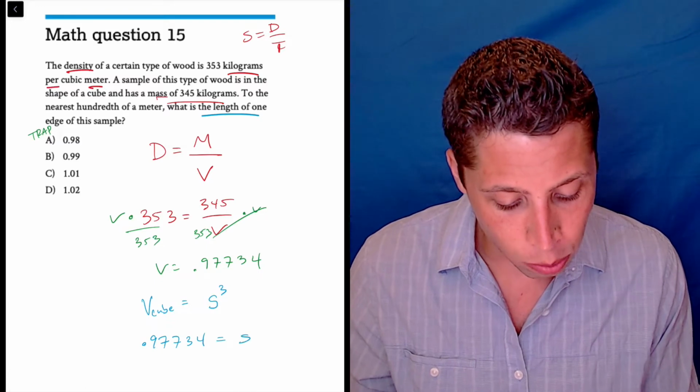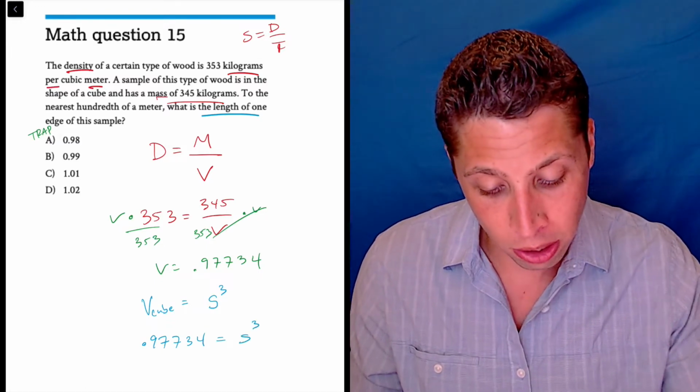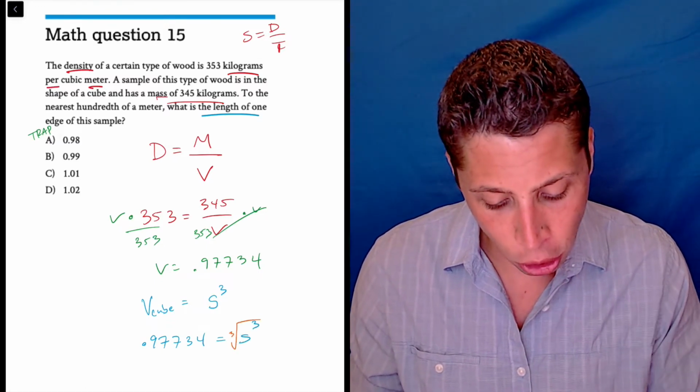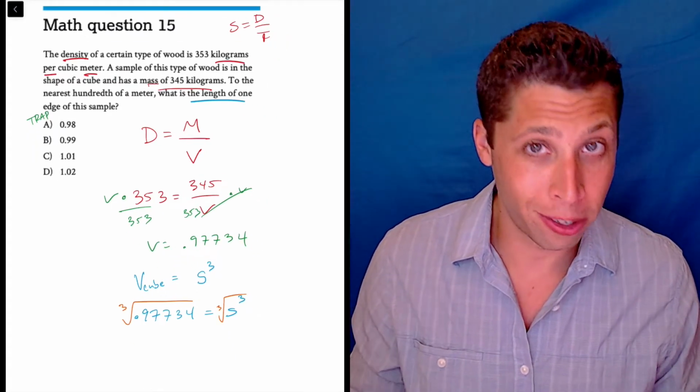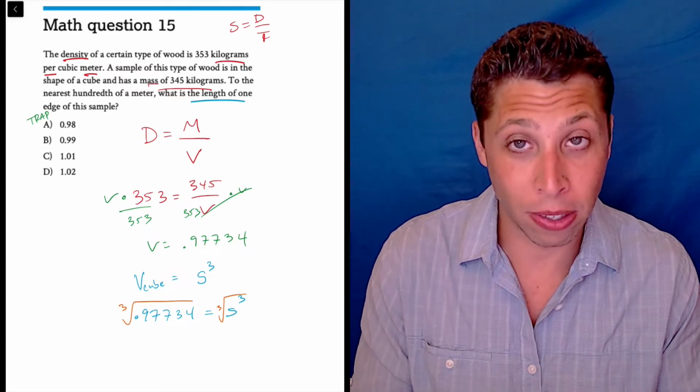So this is just length times width times height, except that length, width, and height are all the same because it's a cube. So really what we're going to have here now is 0.97734 is equal to s cubed, and in order to solve that, we're going to need to take the cube root of both sides. So hopefully you know how to do that in your calculator because obviously it's going to matter.